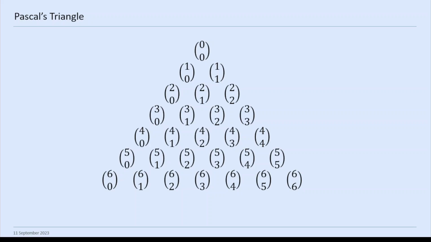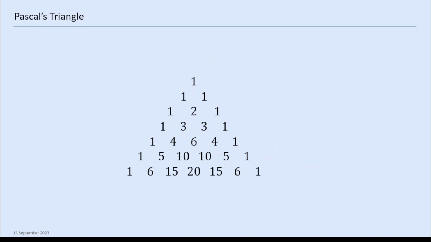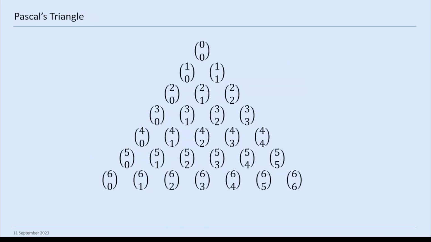The answer is another way to write Pascal's triangle. In the last video we looked at combinations. So this, for instance, is how many ways can you choose 1 from 2 with the order not being important.